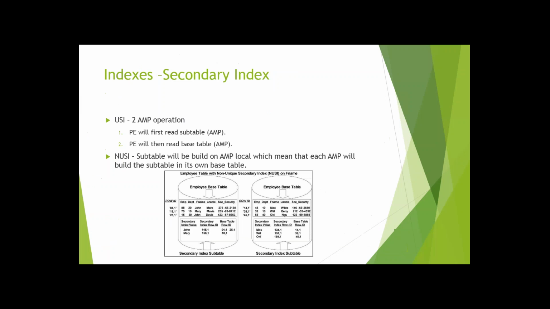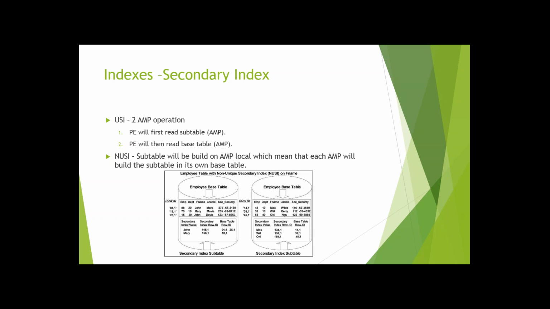NUSI. The major difference between USI, unique secondary index, and non-unique secondary index is, in unique secondary index, there is no guarantee that the subtable records are going to be stored in the same AMP as the base table rows.